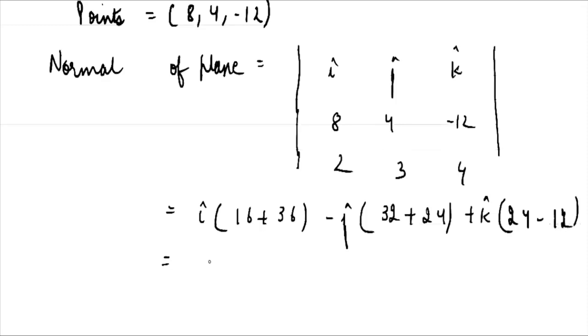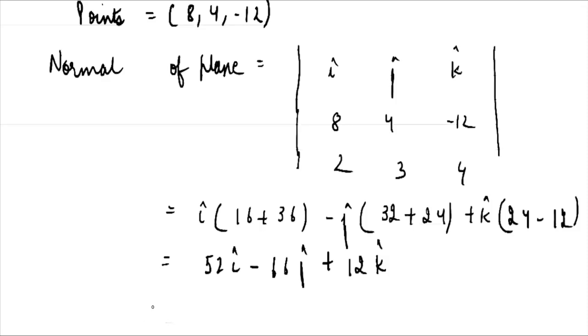Now let's calculate. It would be equal to 52 i cap minus 66 j cap plus 12 k cap. So this is basically the normal of the plane.